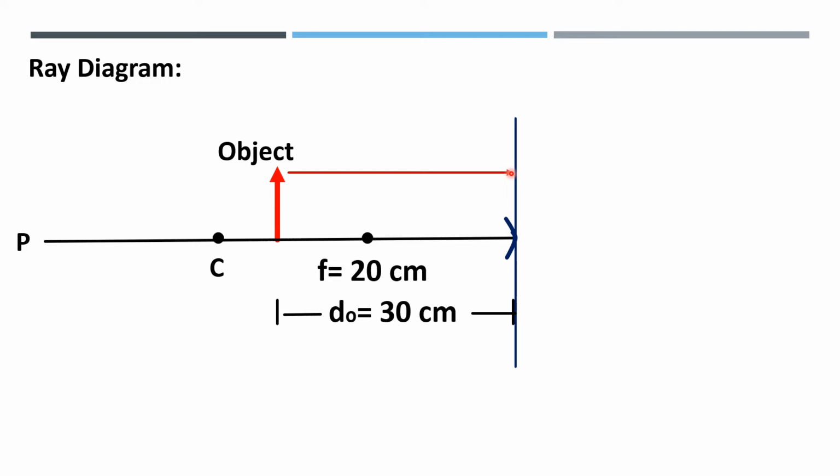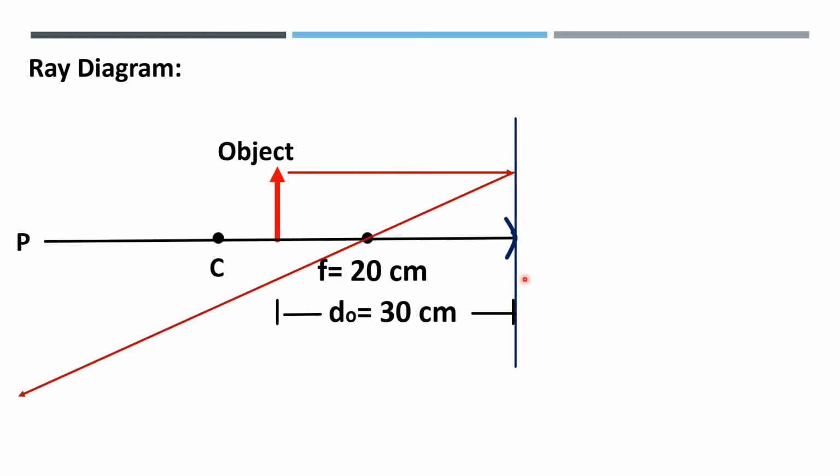We have a rule that for incoming incident rays that are parallel to the principal axis, when reflected by a concave mirror, that ray is going to pass through the focus, something like this.